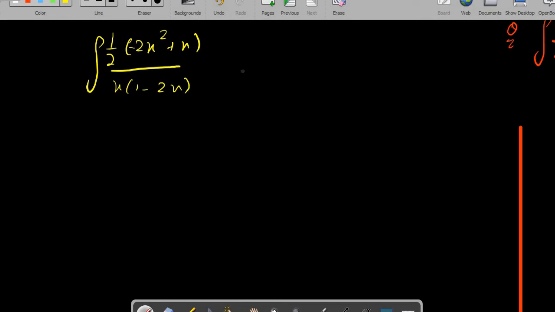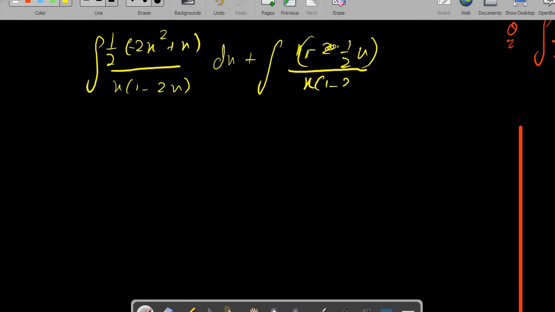Now what will we do here? After separating, we have 1 by 2 of (2 minus 2x square plus x) upon x into (1 minus 2x) dx, plus the second term, which was 1 minus 1 by 2x upon x into (1 minus 2x). You can do this part by yourself, there's nothing tough in this.